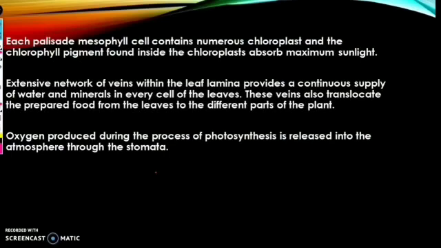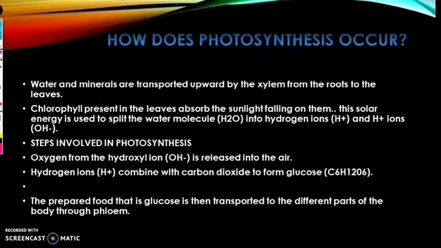And lastly, oxygen produced during the process of photosynthesis is released into the atmosphere through the stomata. We have already seen this sometime before, children, that stomata are also helpful in eliminating the byproduct oxygen that is produced during the process of photosynthesis.